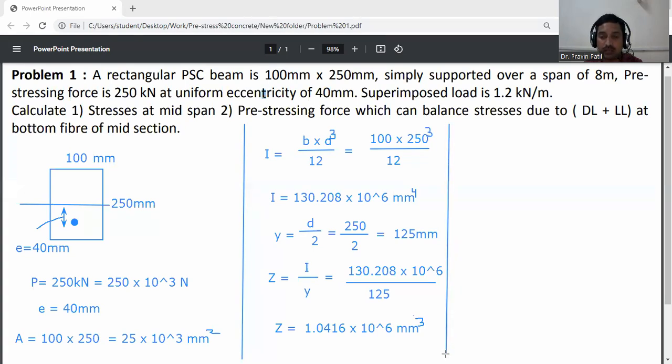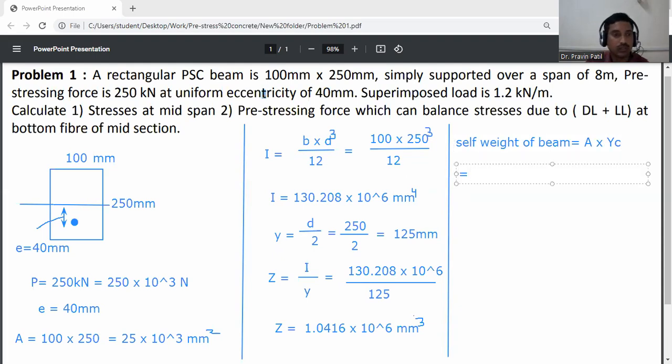So now calculate the self weight of the beam. Self weight of the beam is the cross sectional area of the beam into the density of concrete. The cross sectional area of the beam is 25 into 10 raised to the power 3 mm square.